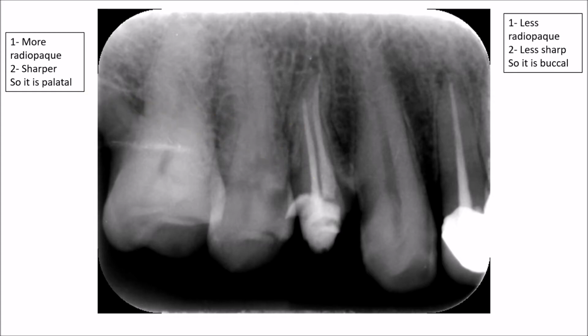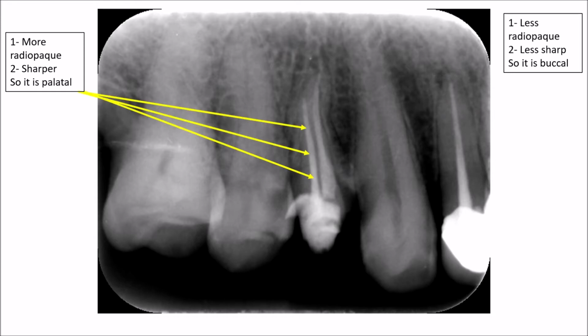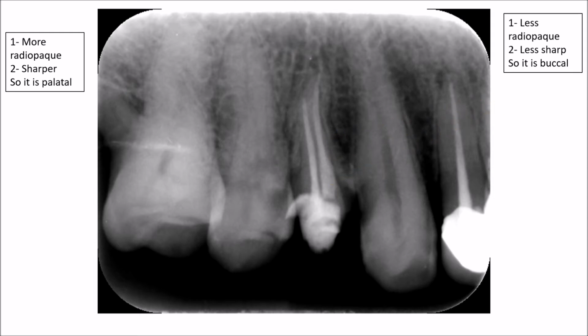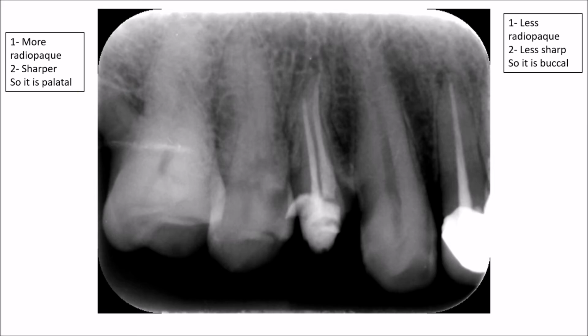And in this, we are going to depend on the geometry of the imaging, that structures in two-dimensional radiographs which are closer to the film will appear more radiopaque and will appear sharp if their images are compared to structures which are located away from the film, that is in the buccal or in a labial position.